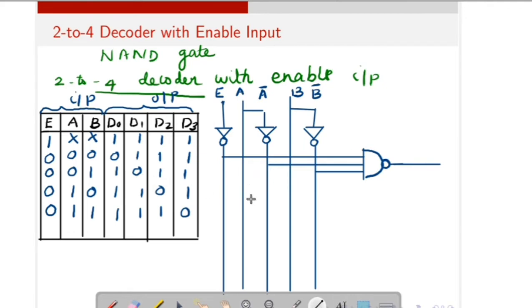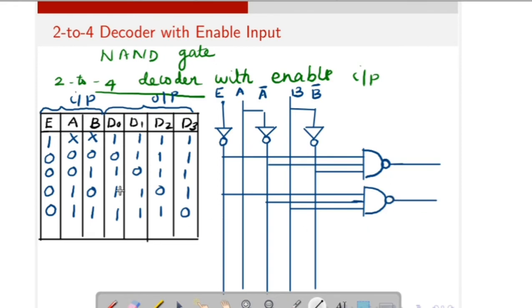Then for D1, E is equal to 0, A is equal to 0 and B is equal to 1. Then NAND these inputs. So here we have the output D1.